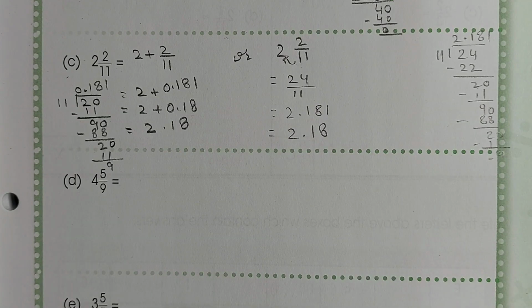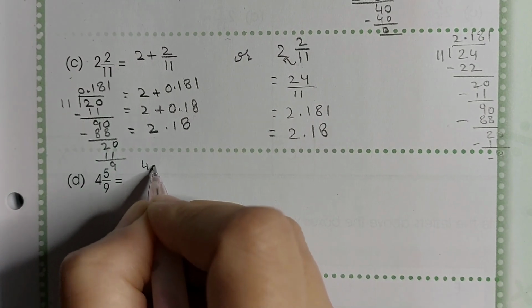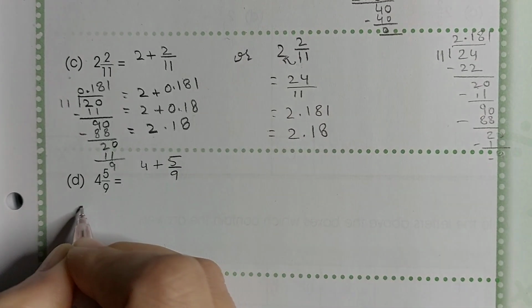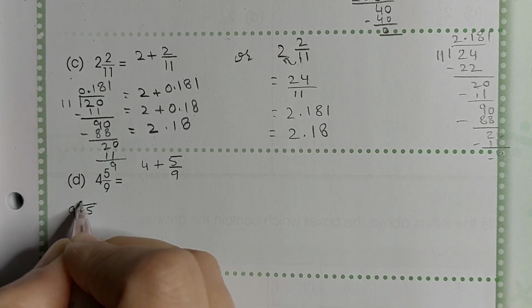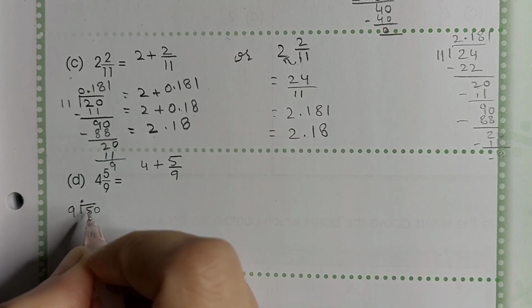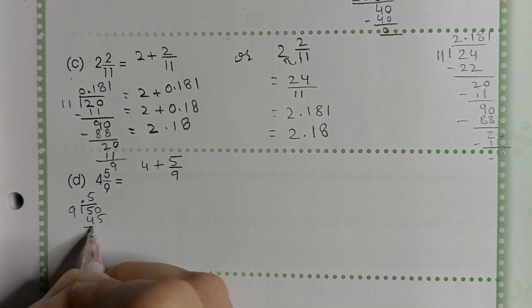Okay, now move on to part D. Part D is 4 whole number 5 upon 9. So again, if you want to go for the first method, it will become 4 plus 5 upon 9. We will put 5 inside, 9 outside. So add a point here, add 0. 9, how many times? 9 fives are 45. Okay, fine.